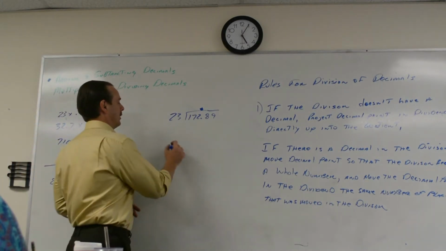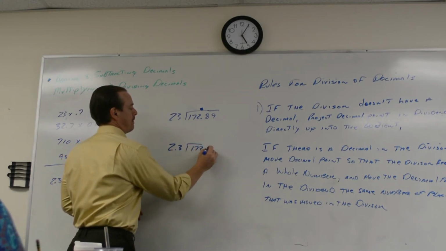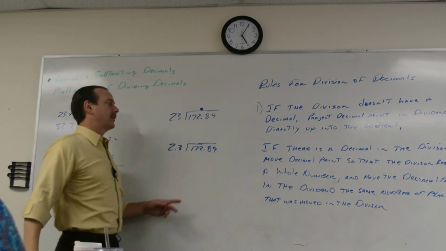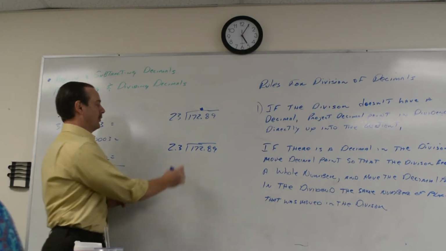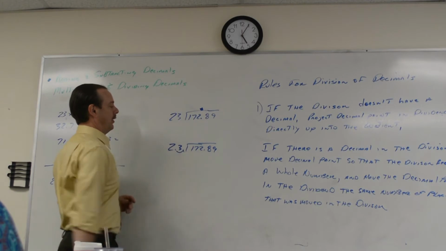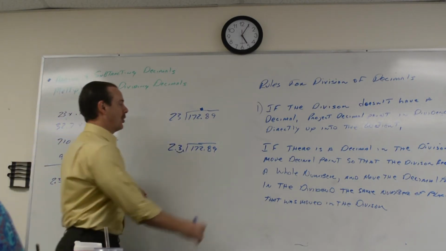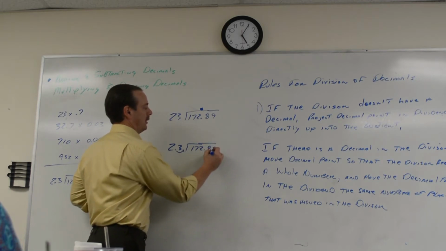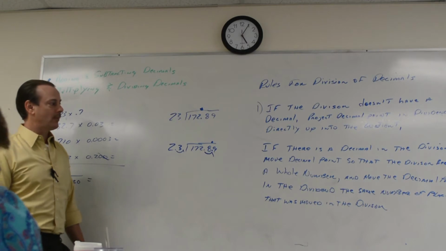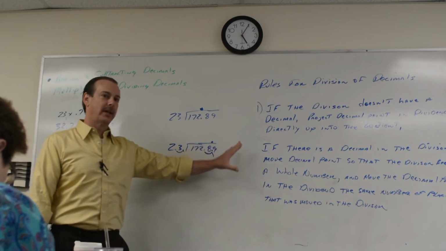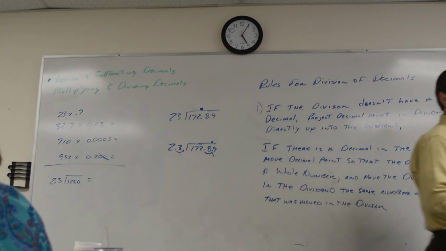In this case, it's saying if there's a decimal point in the divisor, we have to move this decimal point so it becomes a whole number. So we move this to there. If we do it to the divisor, we also have to do it to the dividend, so we move this to here and then project it up into the quotient. Okay. Now I know it's wordy and there's a lot of terms here, but if you have to put it into your own terms, that's acceptable.